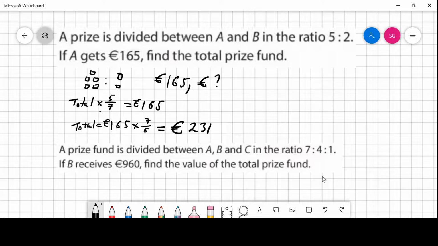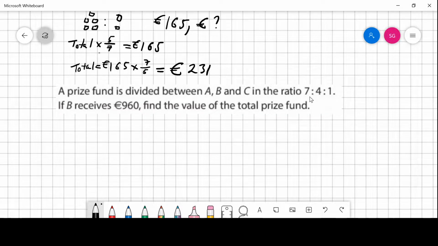Now I wanted to do one last example like that. This is probably one of the tougher examples, where they've now split into 3 parts rather than 2 parts. So far we were always looking at 7 parts and 4.